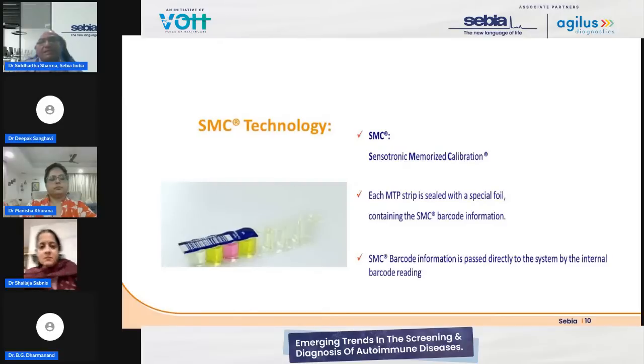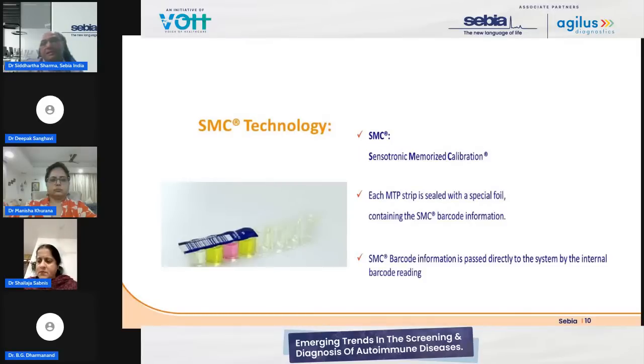So the SMC technology, what is unique to this is a sensortronic memorized calibration. Calibration is a mandatory process which has to be followed by any laboratory, especially laboratories using manual ELISA technology for running autoimmunity testing.